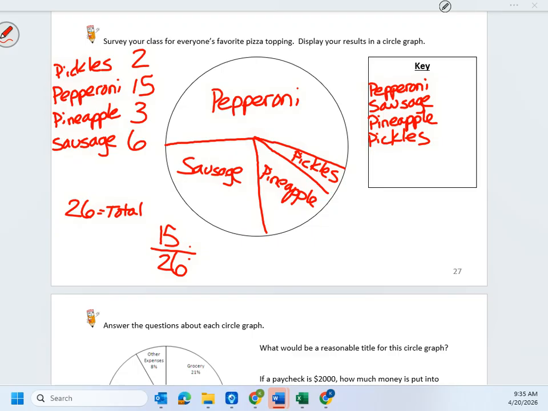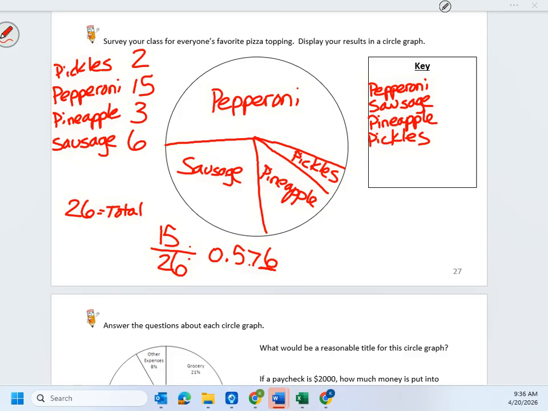Jackson? So we get 0.576. So what do we have to do? Round it which way, Jackson? So we look at that 6. Does that 6 tell us that our 7 is going to stay the same or round up? Round up.